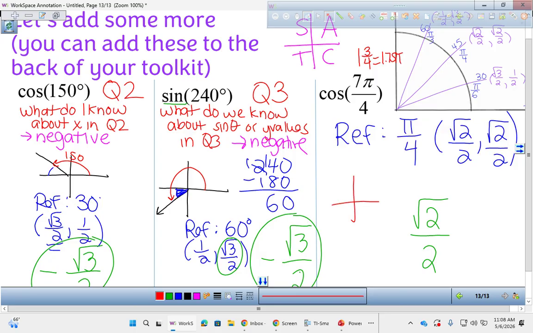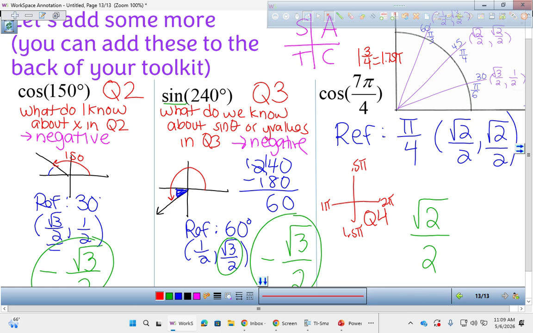And let's think about what we know. We know this is 0.5 pi. This is 1 pi. This is 1.5 pi. This is 2 pi. So where's 1.75? Somewhere between 1.5 and 2. So my answer is in quadrant 4. What do we know about quadrant 4?